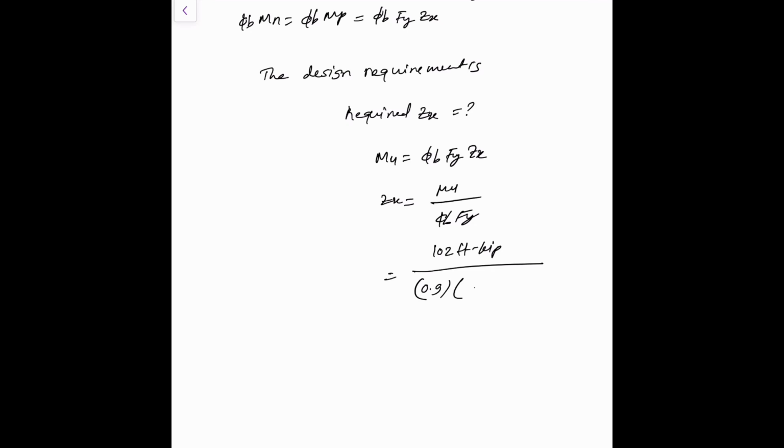We are solving for grade A36 steel, whose yield strength is 36 ksi.